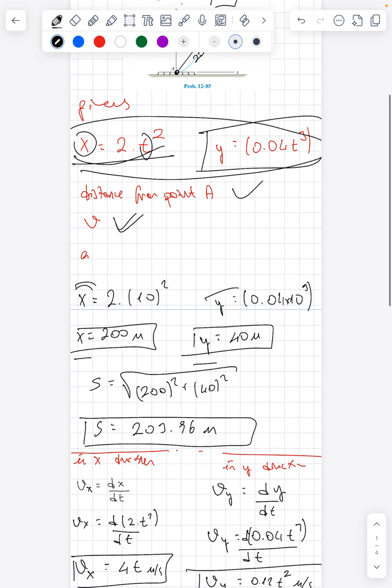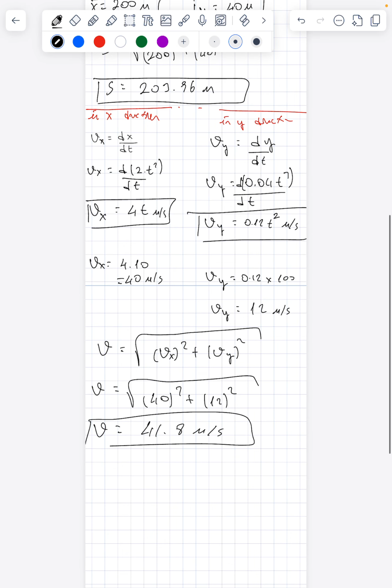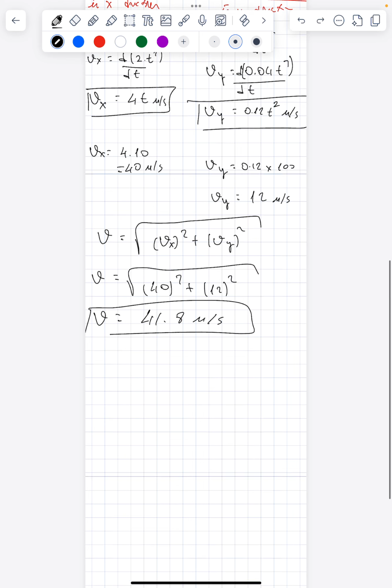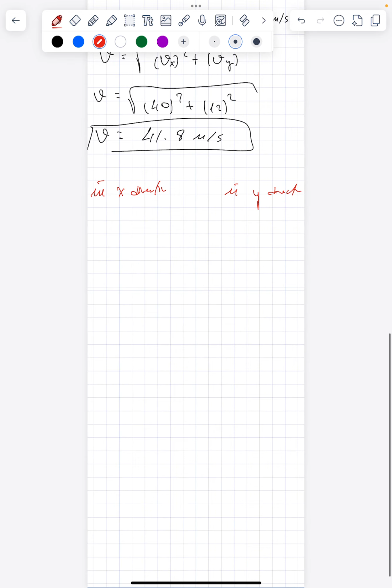Yes, this is checked, and it's time to find a. I have another equation, similar to that one. Again, I'm writing in the x direction and in the y direction. a is equal to dv over dt. So ax is d of vx over dt and ay is d of vy over dt.